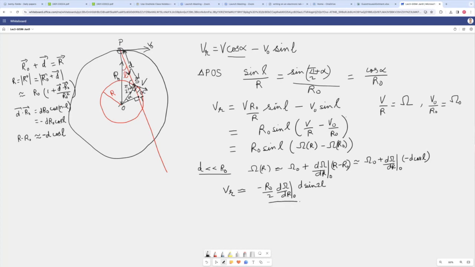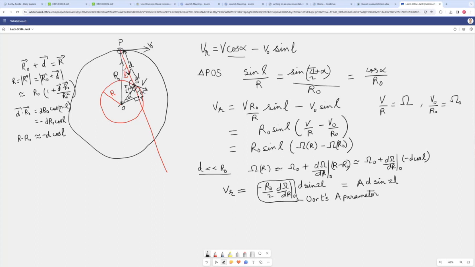This quantity here is called Oort's A parameter, and it characterizes the differential rotation at the location of the sun. So this is equal to A times d sine 2L.